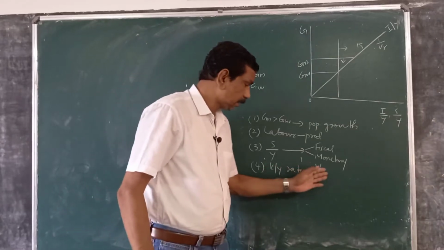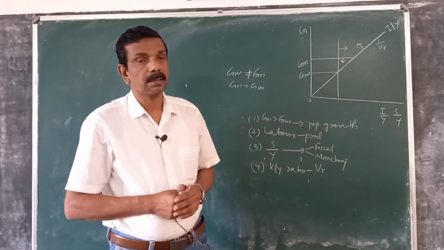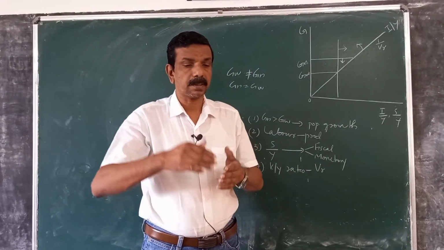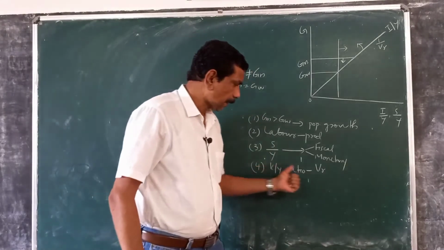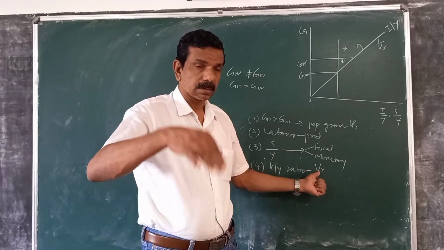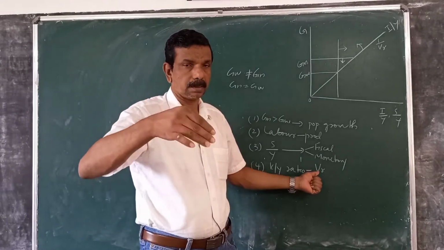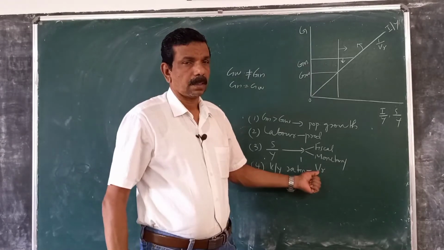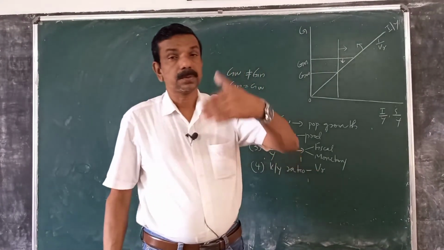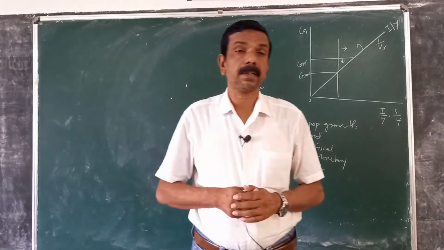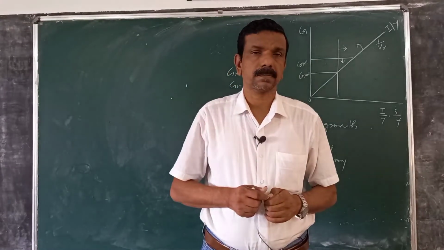Reduction in the required capital output ratio. If there is a reduction in the capital output ratio, then it is possible to increase GW to GN. And this can be achieved by using more labor intensive techniques.